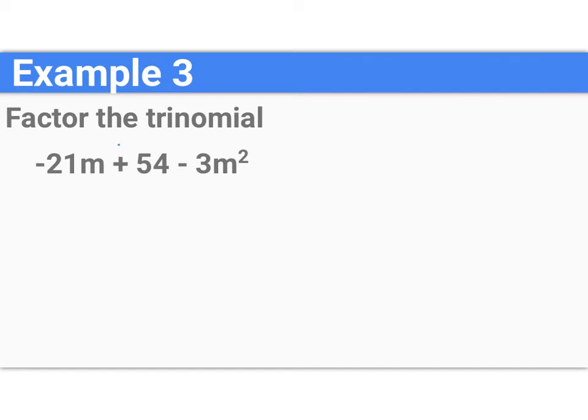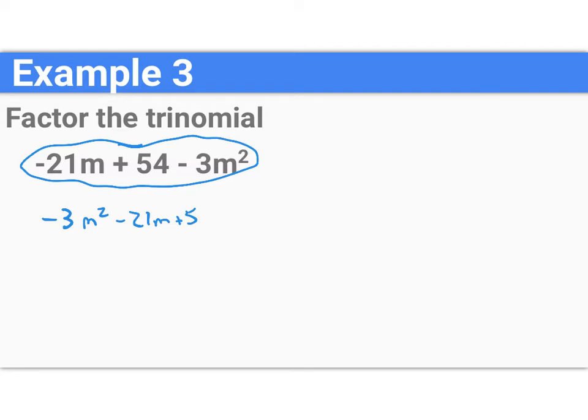Okay, so this trinomial is out of order. So the first thing we got to do is put the trinomial in order. 3m squared minus 21m plus 54. Now, I hate dealing with negatives personally. So what I'm going to do is factor out a -1. And that changes all the signs inside the trinomial.